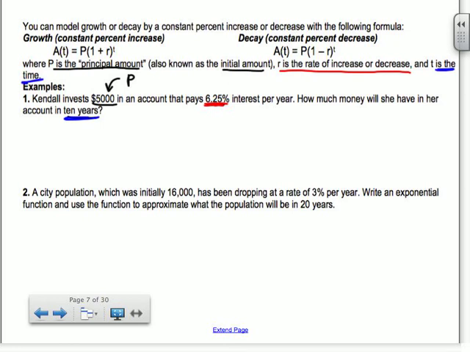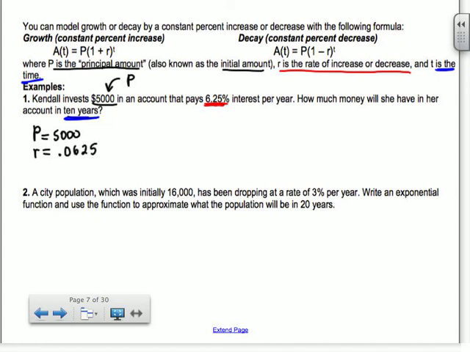So my values are P equals 5,000. My rate is 6.25%, but I don't write 6.25 in math class. What do I write? 0.0625. Yeah, close. 0.0625, right?